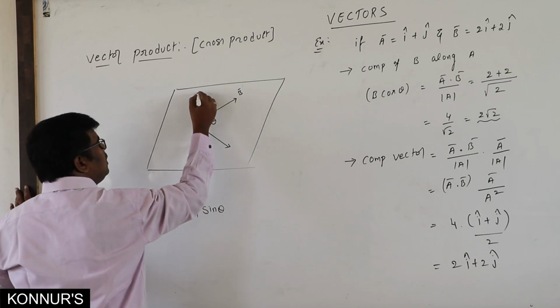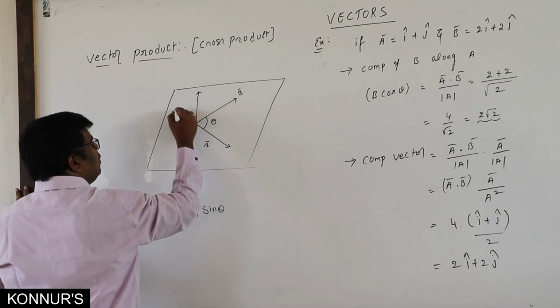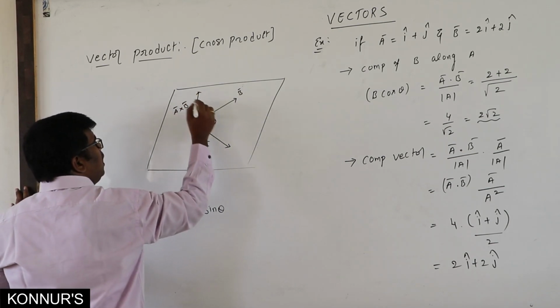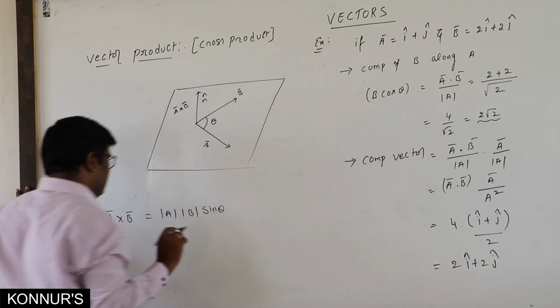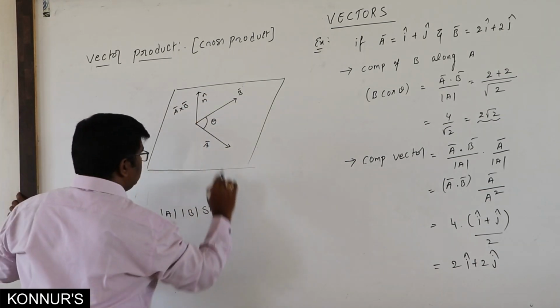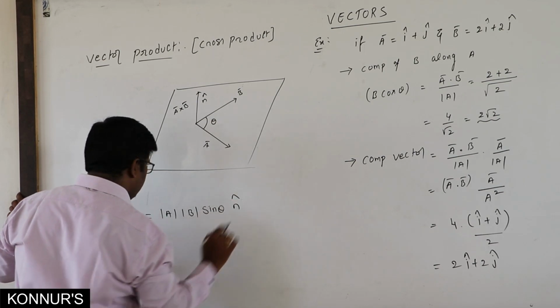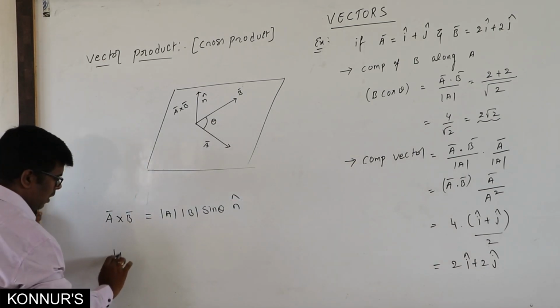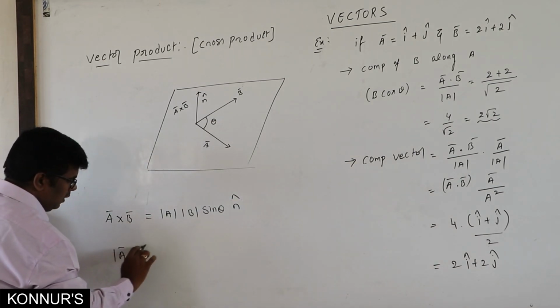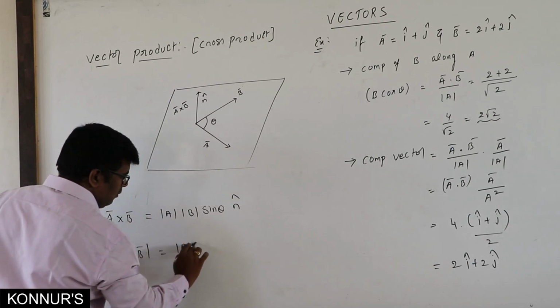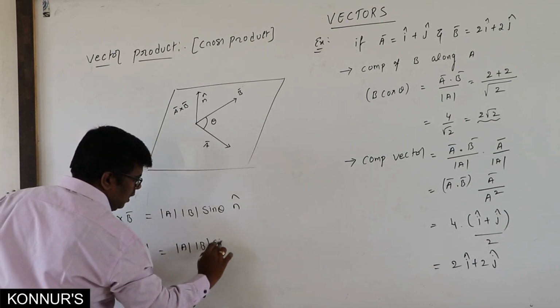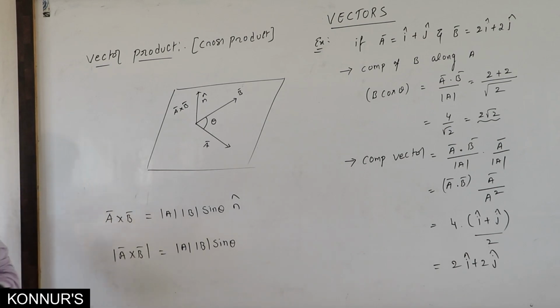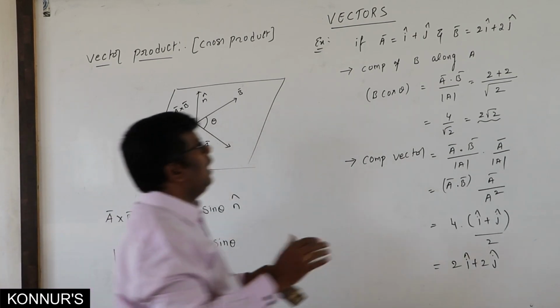This direction we can call n cap. The magnitude of A bar cross B bar is modulus A modulus B sin theta, and the direction we know by the right hand thumb rule.